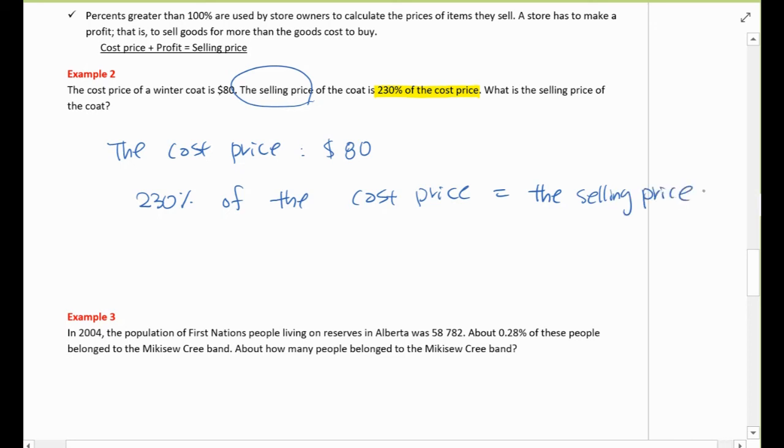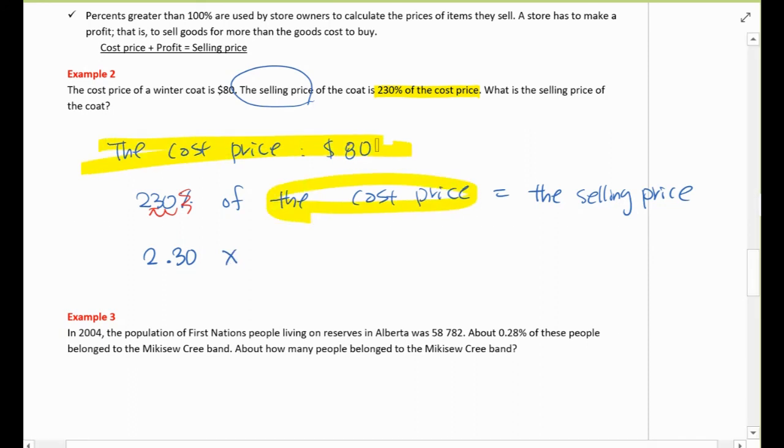Alright? Okay, so we're going to change this to a mathematical equation. Let's change 230% to a decimal number. We move 2 decimal places and remove the percent sign. So that becomes 2.30 of, what's the cost price, everyone? $80, right? If you calculate it, that becomes the selling price.